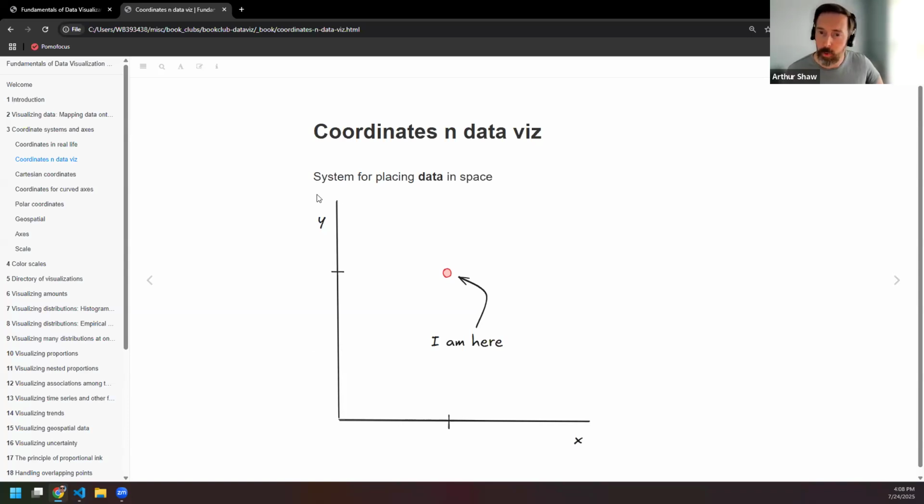Let's imagine we have the y-axis here on the left, the x-axis right here, and then this point is at some x and y coordinate, and we place it into this two-dimensional space with this coordinate system. But it's a coordinate system. So I have coordinates for this one point, but it's a system that allows me to place any point anywhere within the extent of this graph.